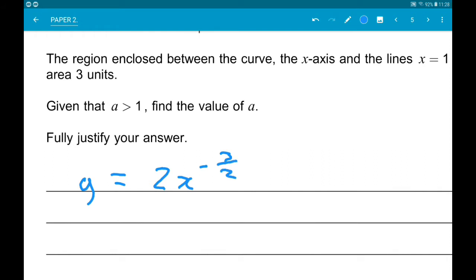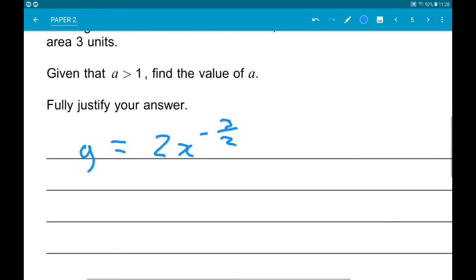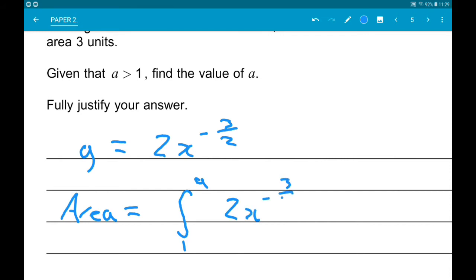Now we know the area is the integral between 1 and a of 2x to the minus 3 halves. Now, we also know that that is 3.